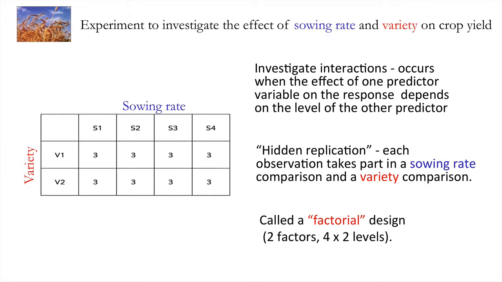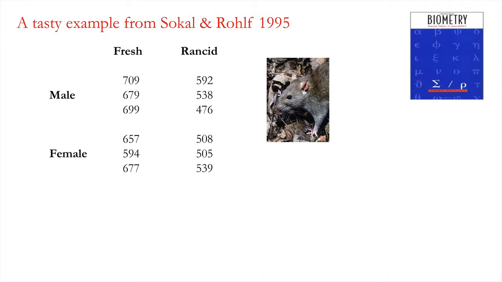Now let's have a look at applying a factorial analysis by using R. And here are the data that we're going to be looking at. This is from Sokal and Rohlf, a really nice biometry text. And it's actually looking at the consumption of male and female rats of different types of lard, whether it's fresh lard or rancid lard.